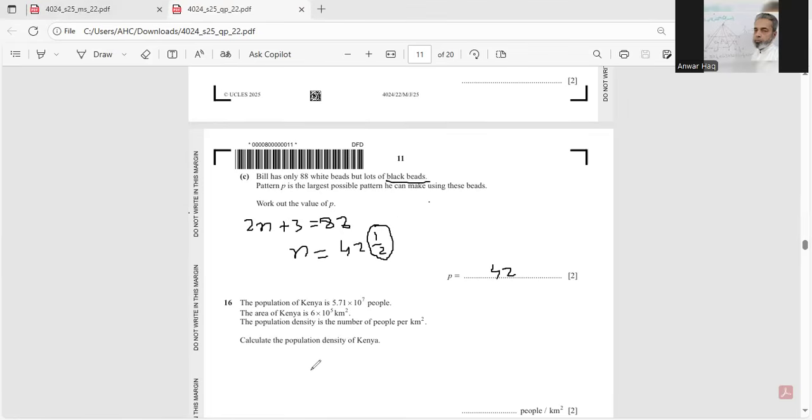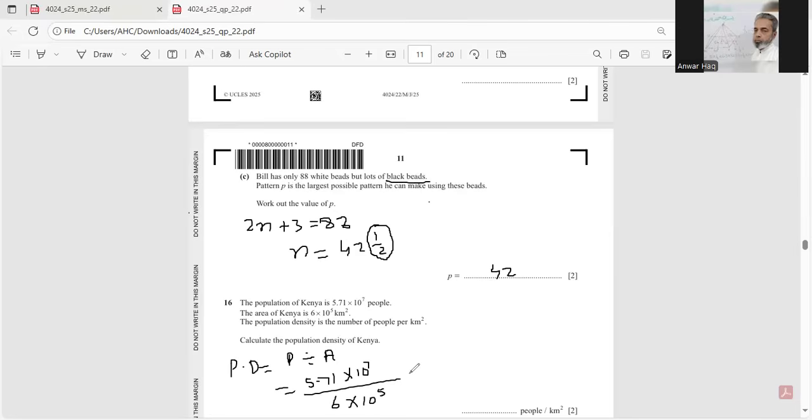Now question 16. He has given this much data, people and the area. So he is asking for the population density. Population density is equals to population divided by area. The population is 5.71 into 10 raised to power 7 divided by 6 into 10 raised to power 5 kilometers square.